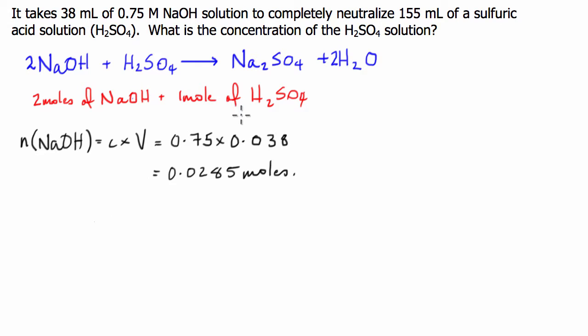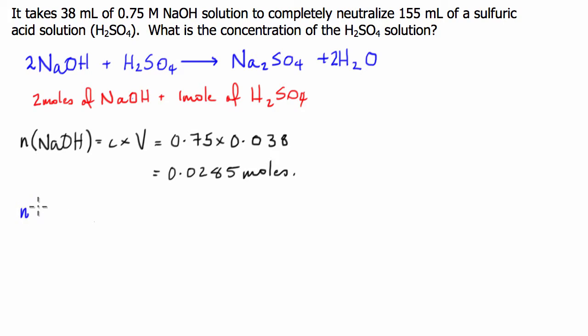Great. So if we have the number of moles of sodium hydroxide, we use this molar ratio to work out the number of moles of sulfuric acid that this many moles of sodium hydroxide would be able to neutralize. So we know that it's a 2:1. So if we have one of these, it's going to be a half. So we're going to halve the number of moles of sodium hydroxide.